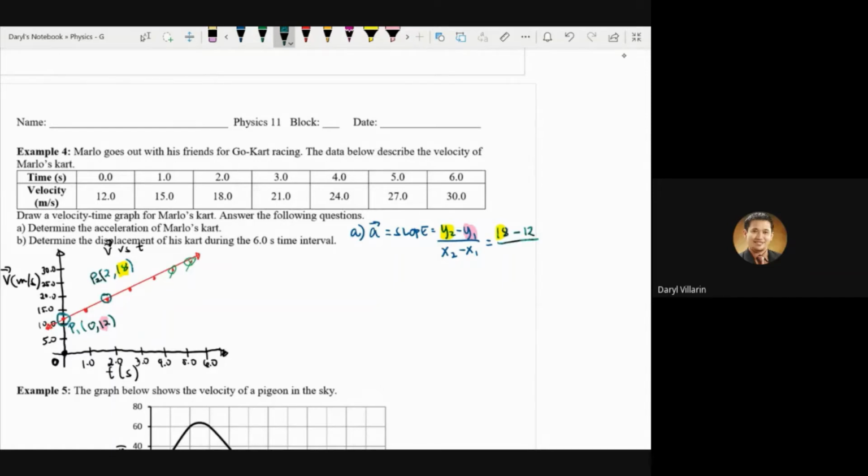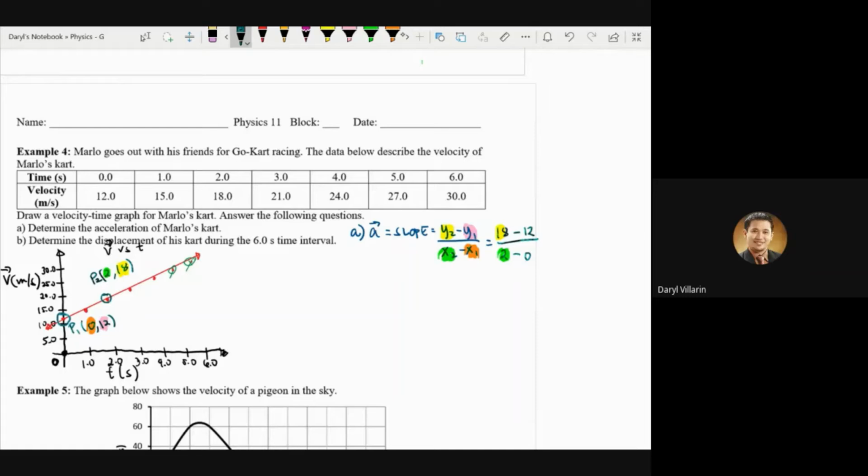And then my X2 is 2. Okay, so if you can see, that's my 2. That's my X2, subtracted with the X1. X1 is 0.